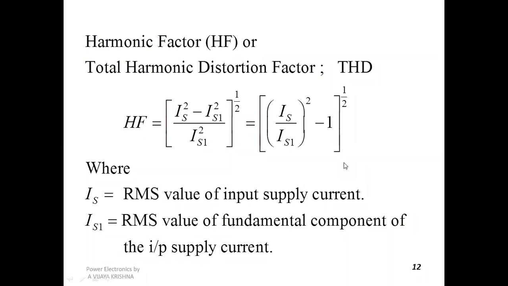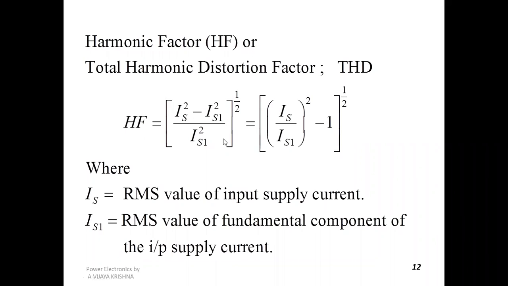Therefore, some harmonic factor is also considered. That is how the harmonic factor can be calculated: the total harmonic distortion factor equals the square root of Is square minus Is1 square, divided by Is1 square.